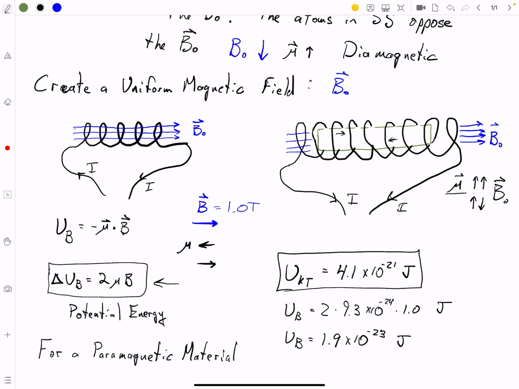So if we look at this and we compare that to this guy, the thermal energy of knocking them all around and bumping them out of their desire to be lined up with the B field is about 200 times, right? 2 times 2. 2 times 2 is 4. Yep.